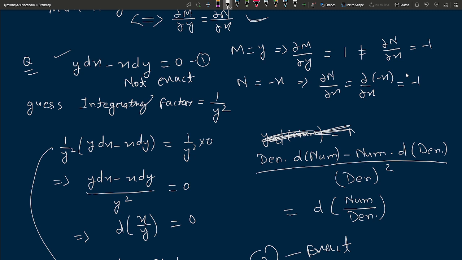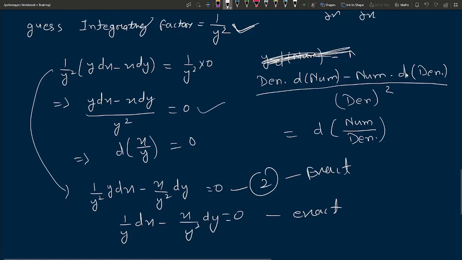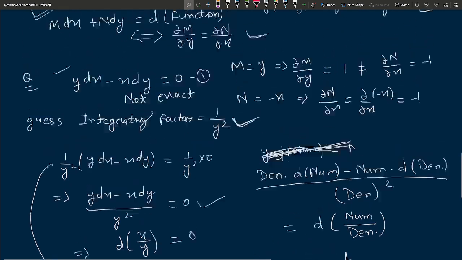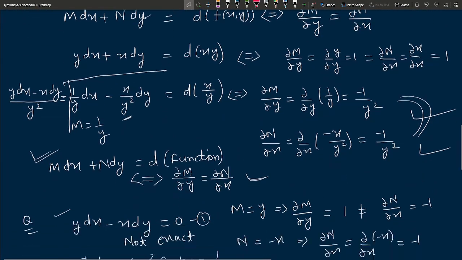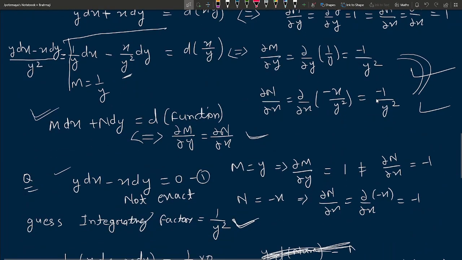But whenever I multiply equation 1 by the function 1 by y square, I get an exact differential equation: 1 by y dx minus x by y square dy equals 0. Here I have already proved that this is exact.